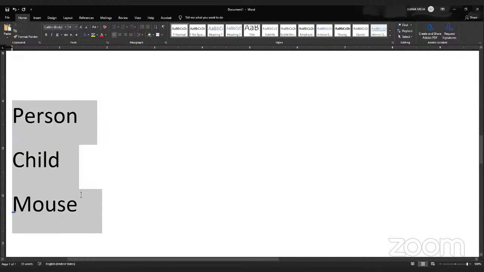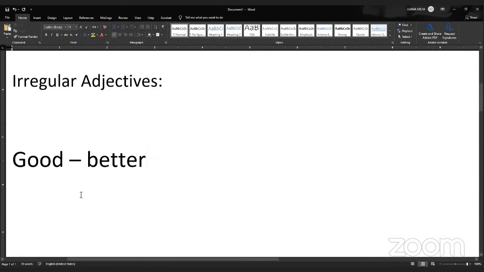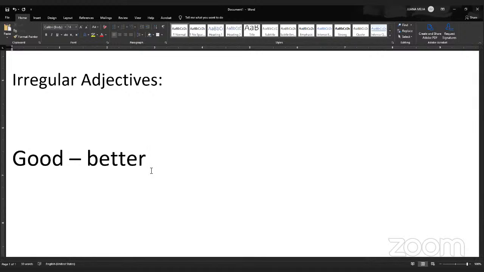Entonces, una regla parecida hay con los adjetivos irregulares. Estos no siguen ningún tipo de regla. Esto hay que aprenderlos, identificarlos como good, better. Other one is this, bad. The comparative, worse. This one is another, far.